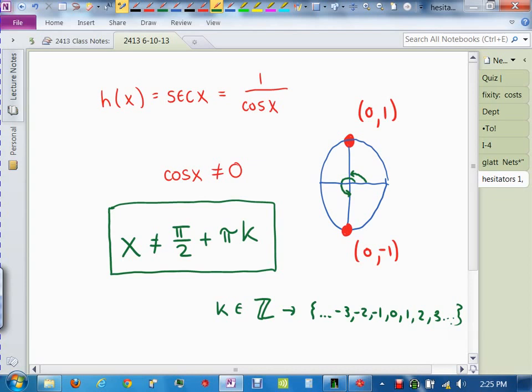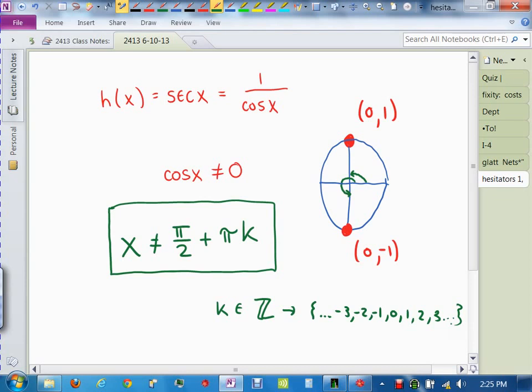So if k is 0, what do I get? Pi over 2. Now let k be 1. What would I get? Pi over 2 plus pi. Pi is a half rotation, so I would go there, wouldn't I? So I get that answer.